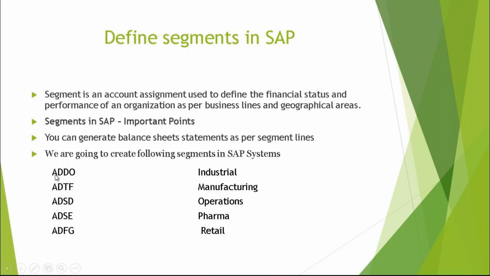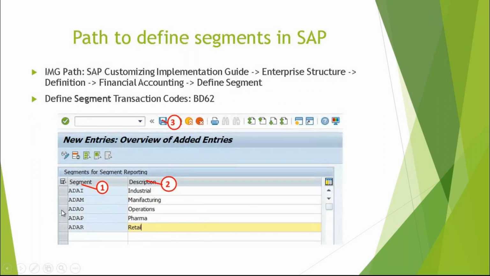Now again I'll be creating my company code with a segment for my company code. So the text can be anything. The code will be used as the company code only. Okay, you write down the path and T code.